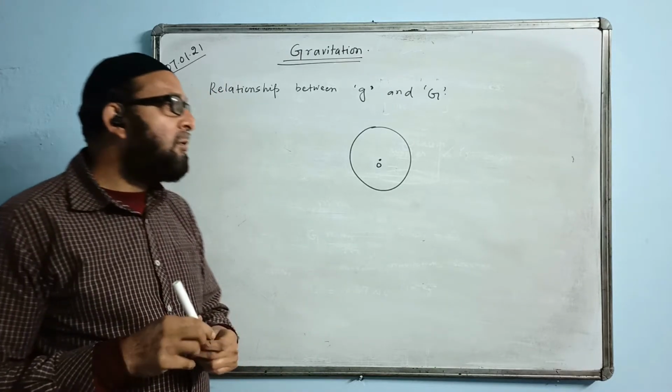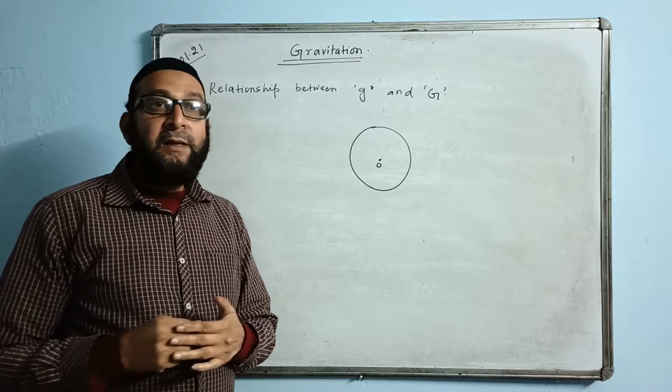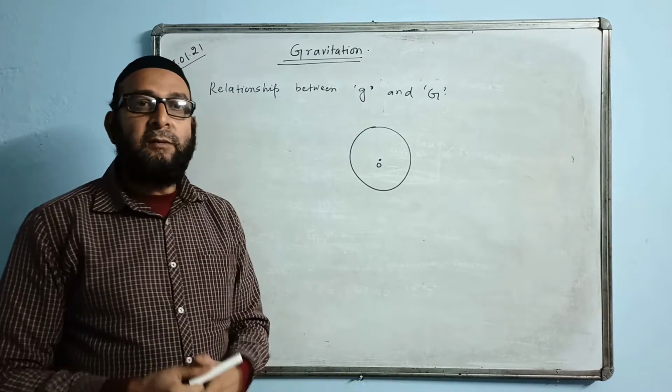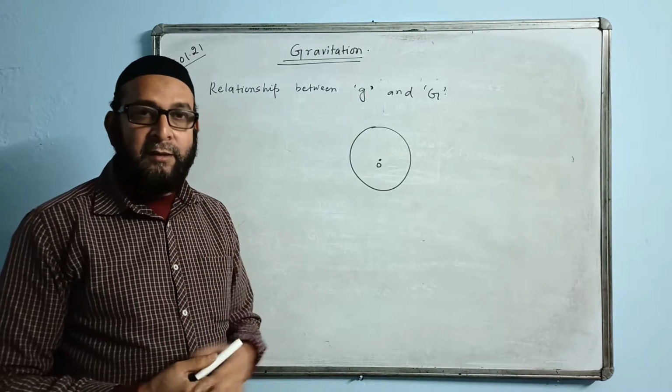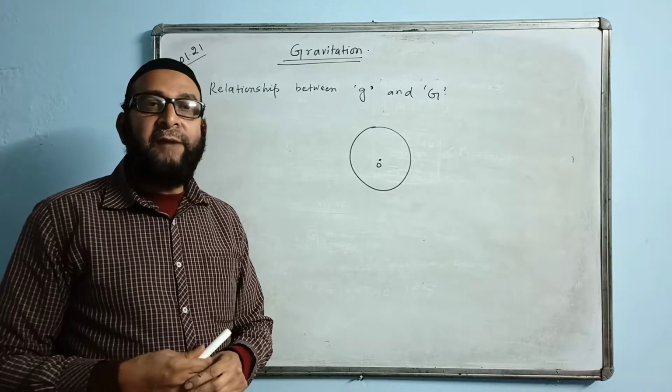First let me tell you what is called gravity. Gravity is the force with which the earth attracts a body towards its center. Another word for gravity is the weight of the body.